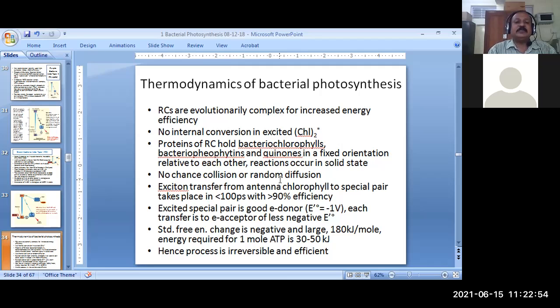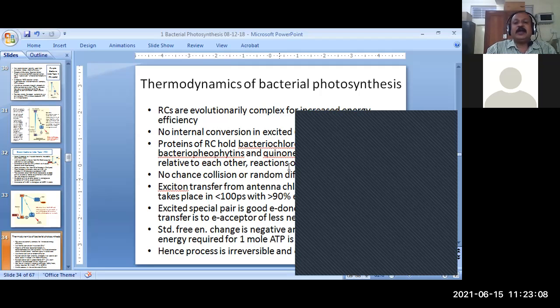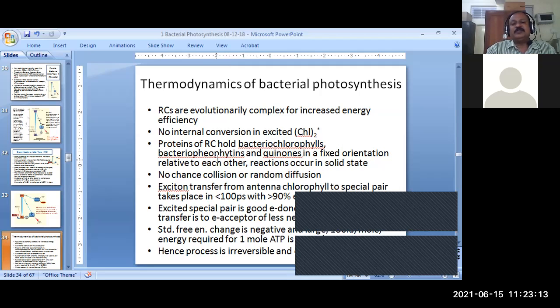Because if photosynthesis is not proper, or if it is not efficient, or if there is any defect in the photosynthesis, then of course that will be very dangerous for the survival of the organism. And therefore strict regulation is there. And not only that, but the arrangement of these systems, the photosystem, is such that photosynthesis will happen very efficiently.